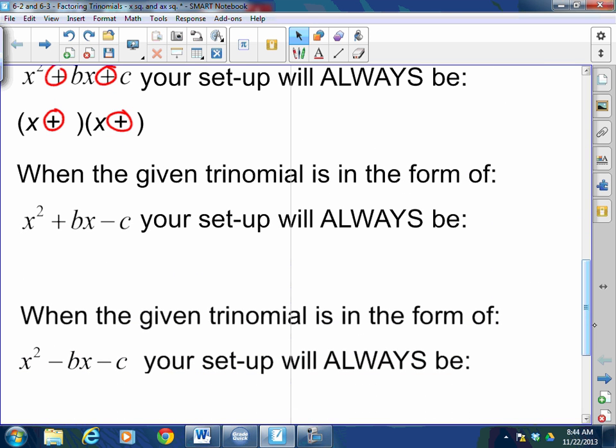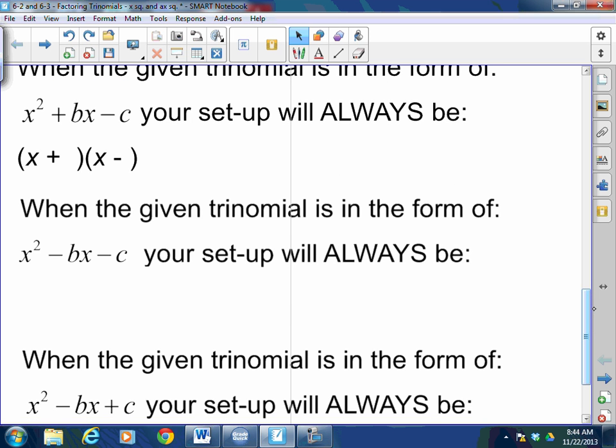When the given trinomial is in the form of x squared plus bx minus c, you're going to have an x plus and an x minus. And when the trinomial is given in the form of x squared minus bx minus c, your form will also be an x plus and an x minus.